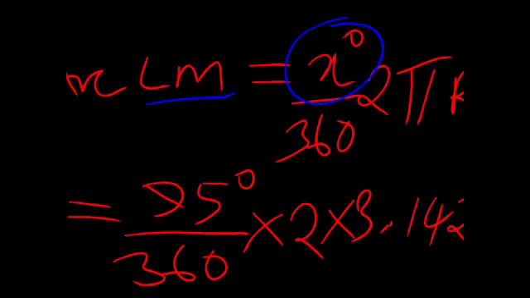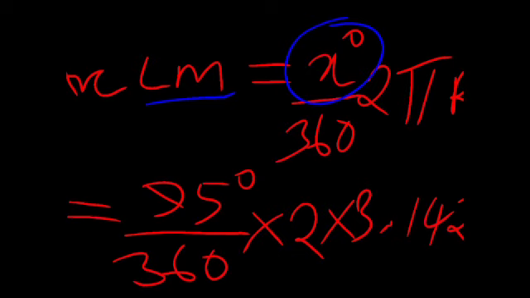So what is 95 times 2 times 3.142 times 6,370 divided by 360 degrees?